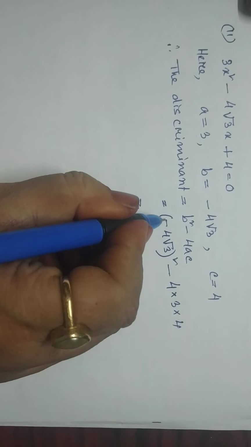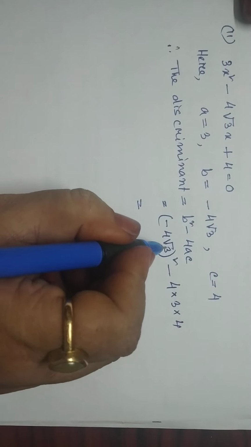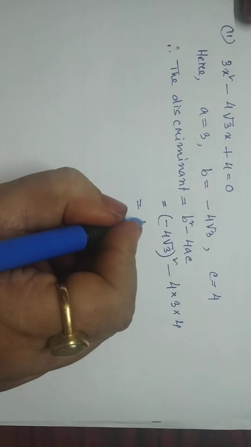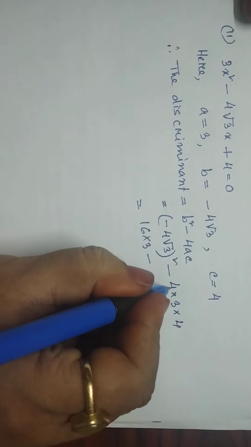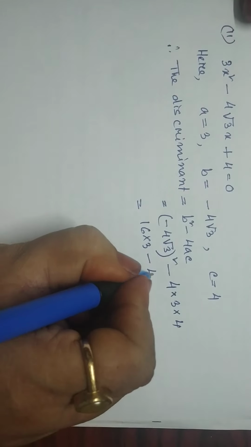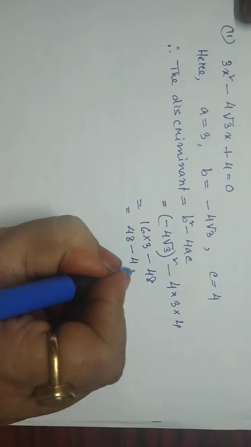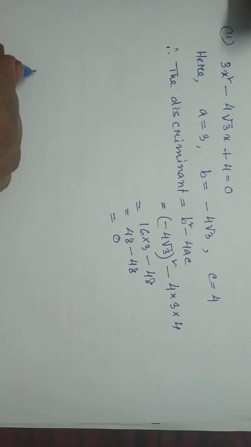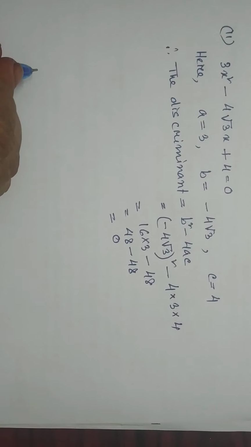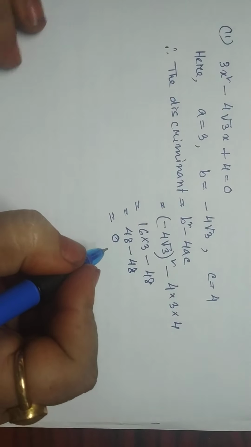Minus 4 square means plus, 4 square means 16, root 3 square means 3. Therefore 16 into 3 minus 4 into 3 into 4, that is 48. That means 48 minus 48 equal to 0. If the discriminant value is equal to 0, then roots are equal.